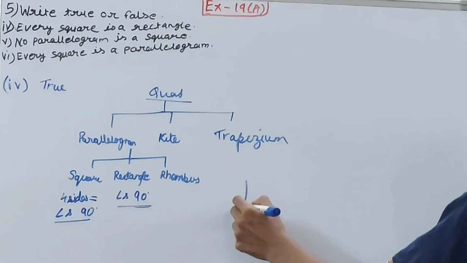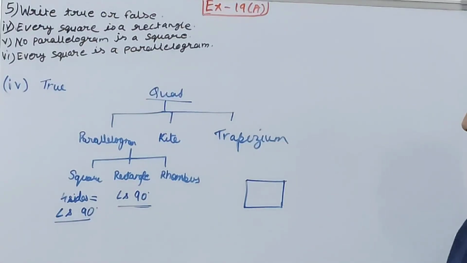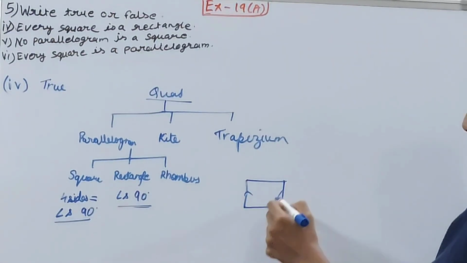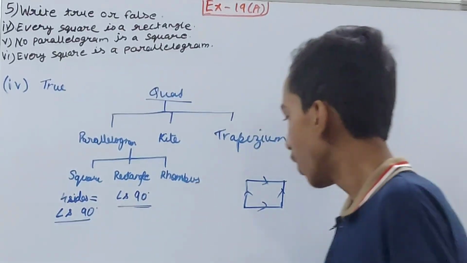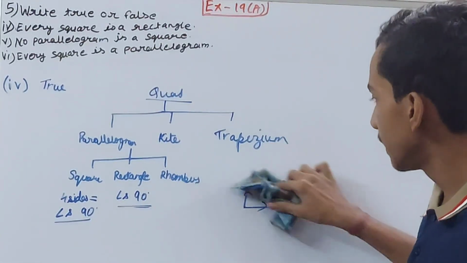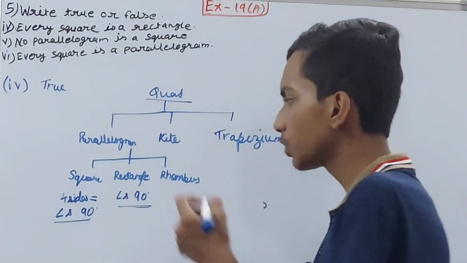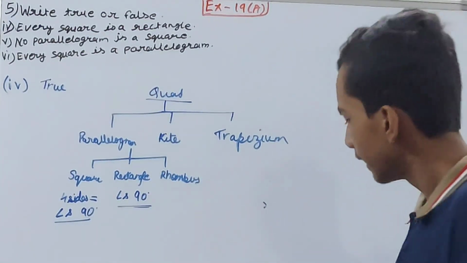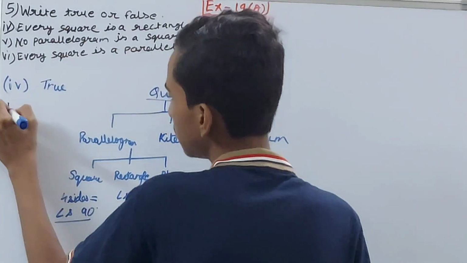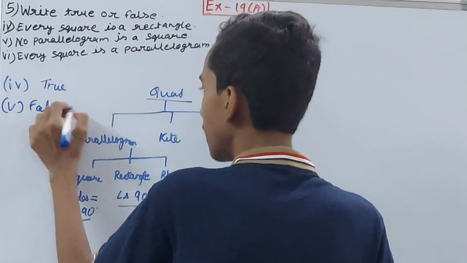See here, two pairs can be formed. This side and this side are parallel, and all the four sides form two pairs, and both pairs are parallel. So every square is fulfilling this property. No matter how big or small the size, a square will still have the same property. So this statement is false.